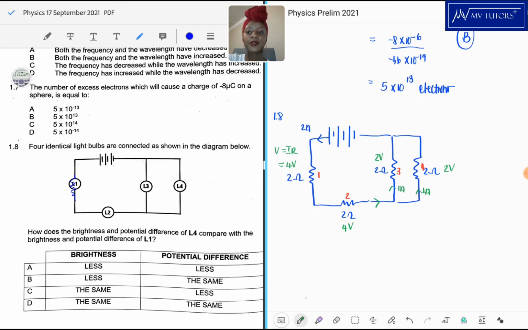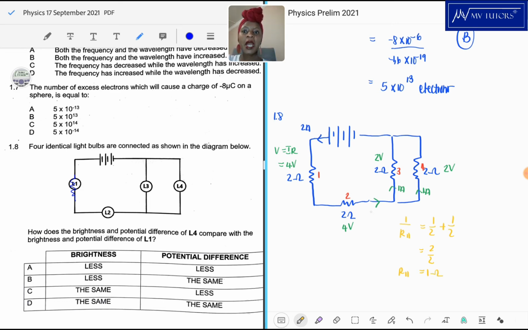But if you look at the resistors in parallel, remember 1 over R parallel. So I have 1 over 2 plus 1 over 2. And that would be 2 over 2, which is basically 1. So R parallel is 1 ohm.